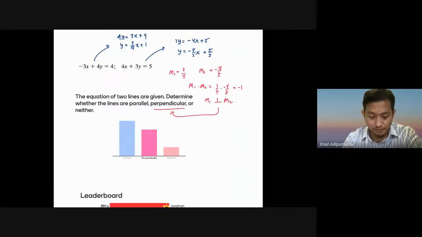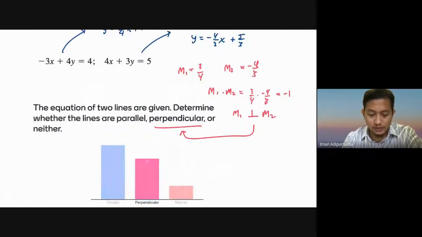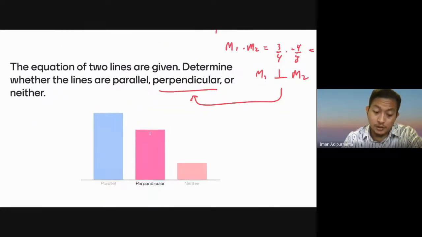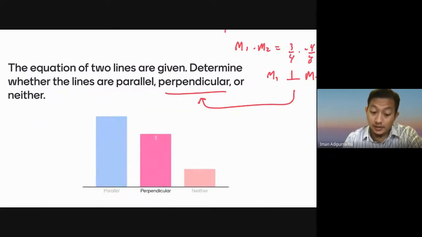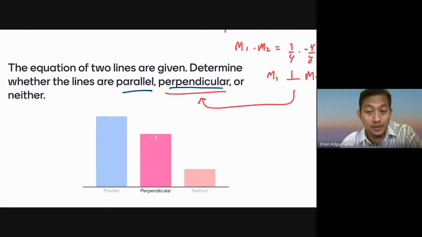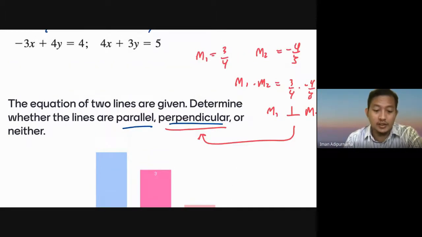Let's start. First, let me review a little bit. These equations are given. To determine whether the two lines are parallel or perpendicular, we need to look at the gradients.